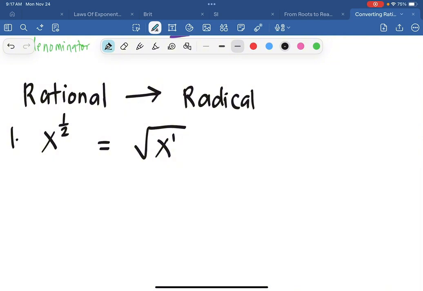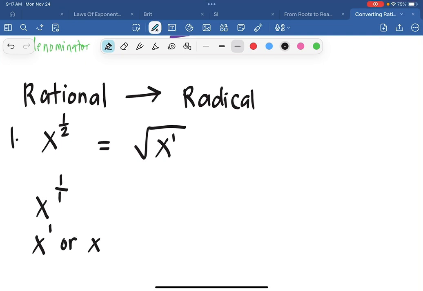If our numerator is 1 and our denominator is 1, obviously it's just 1 divided by 1, so x raised to 1, or simply x.